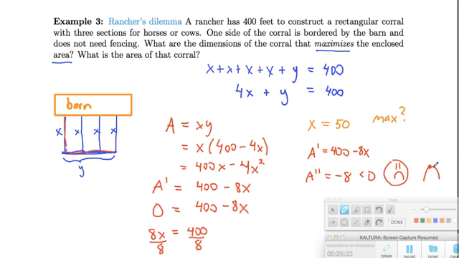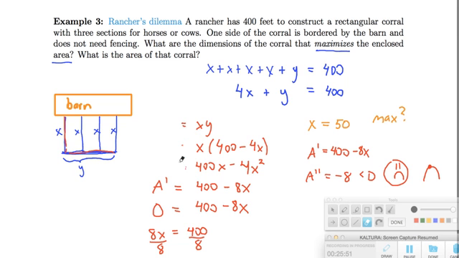Now it says find the dimensions that maximize the area. What is the area of that corral? Well, the dimensions that maximize the area, the x is 50, right?